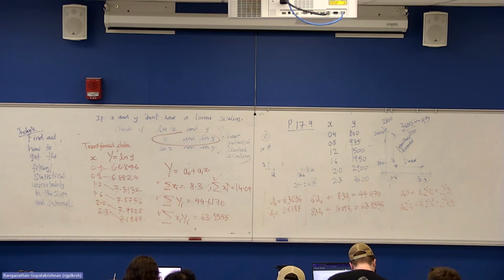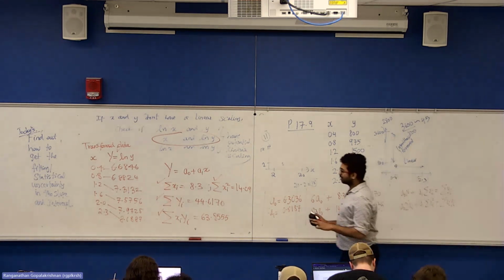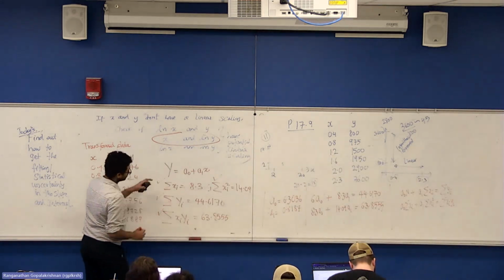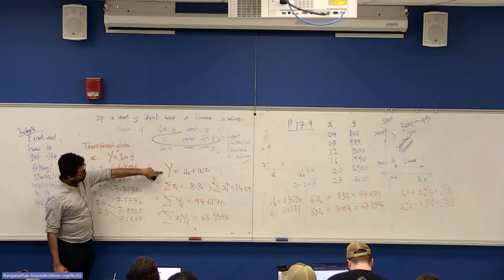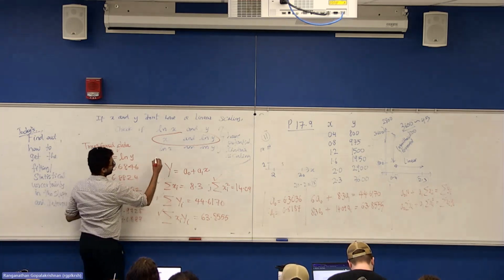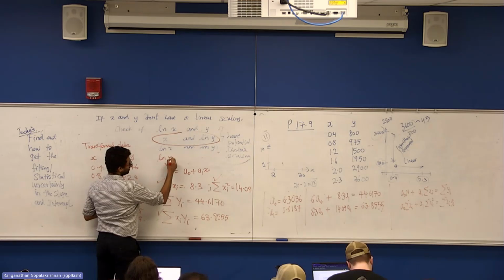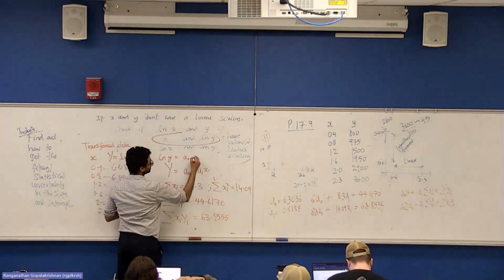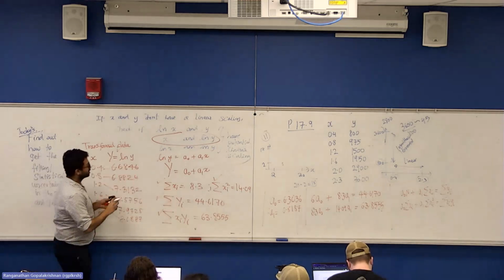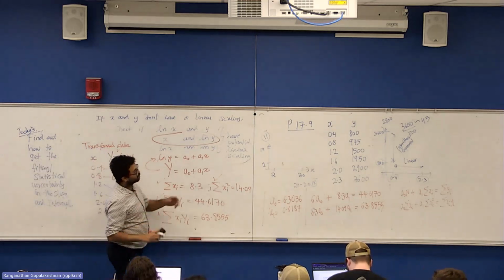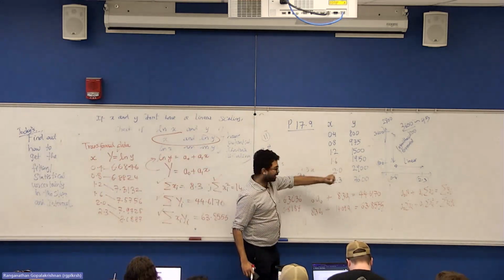Everybody is getting these values, A0, A1? Yeah, good. So the problem is still not done. Look at this equation, take a pause. What we have written is ln of y equal to A0 plus A1 x. That is, this y is nothing but the logarithm of the original y, right?